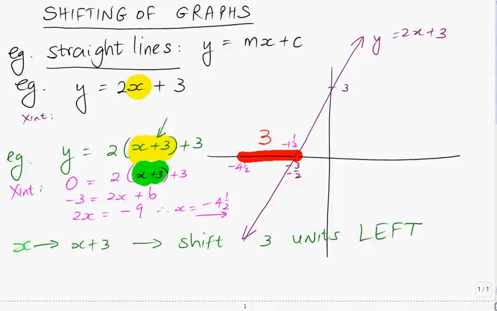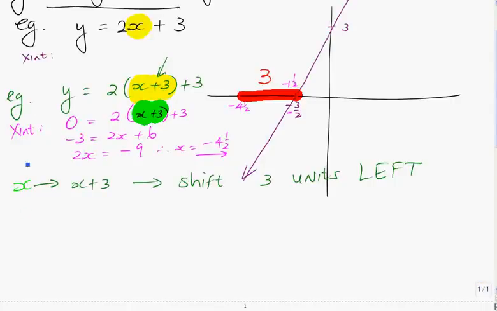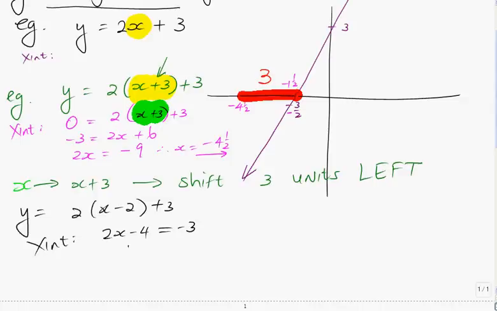Likewise, you can experiment and check that if you have y equals 2 of x minus 2, plus 3, this time the x-intercept becomes 2x minus 4 equals minus 3. That's 2x equals 1. x equals half. So it moves to half.